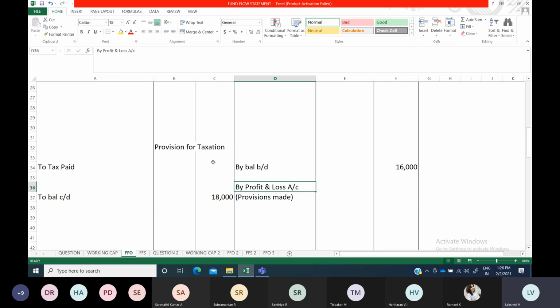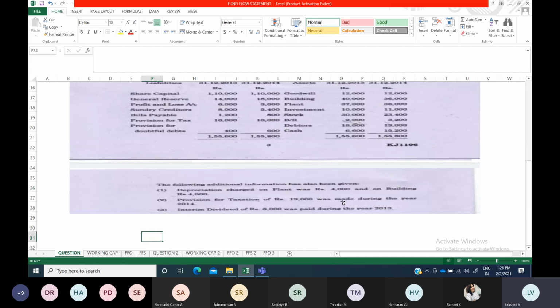If one of the amounts is given to you, the other amount will be considered as the balancing figure. It depends upon the question. So in this question, provision for taxation of 19,000 rupees was made during the year 2014.